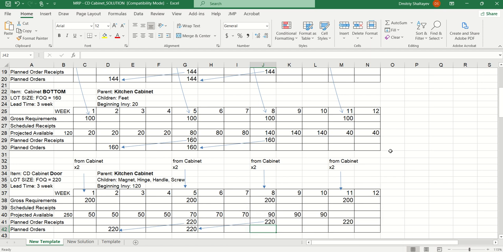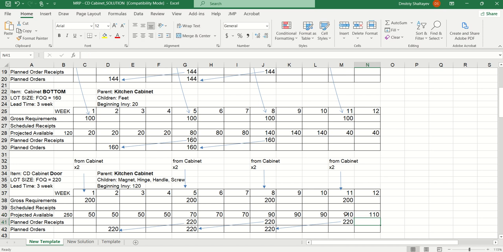So that would be week number 8, 220. And the arrow will indicate the link. So 220 doors coming in, plus 90 sitting there already. That's going to give me 310 minus 200. That will give me 110.